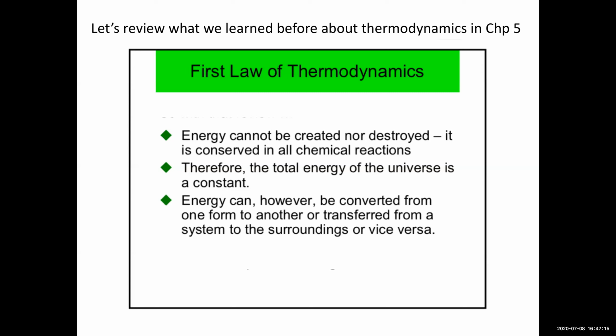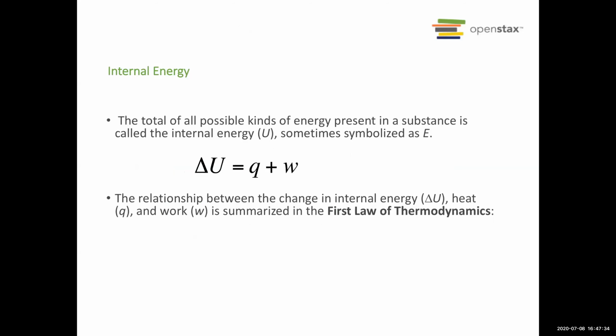Secondly, because energy cannot be created or destroyed, the total energy in the universe is constant. However, it can be converted from one form to another, and it can flow into and out of a system. This slide shows another statement of the first law in terms of the change in internal energy of a system.